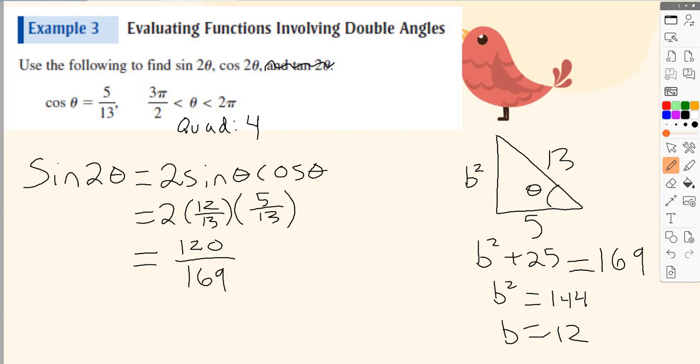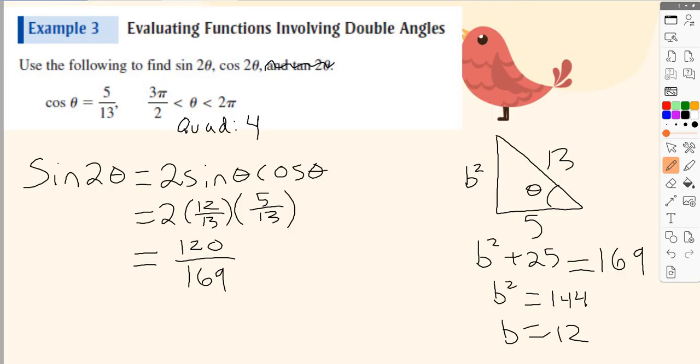Did you just like solve all of that? I just multiplied. I did the 2 times the 5 first because 2 times 5 is 10, so that makes it a little bit easier. So times 12 is 120, and then 13 times 13 is 169. Which notice 120 over 169 is not just going to be doubled stuff, right?